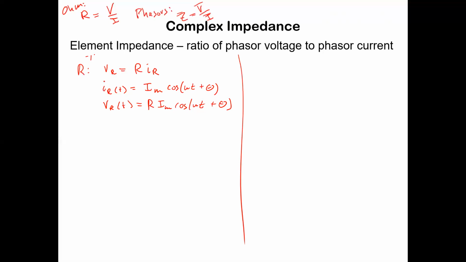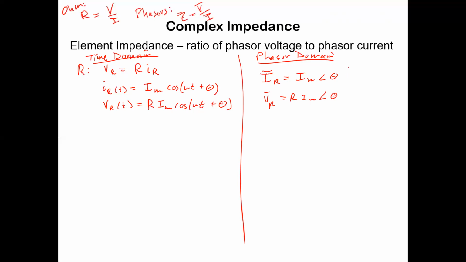This is the time domain. This is the phasor domain. And what that says is, if IR is some Im angle theta, then VR is going to equal R times Im angle theta.